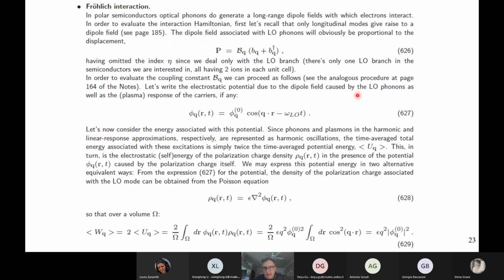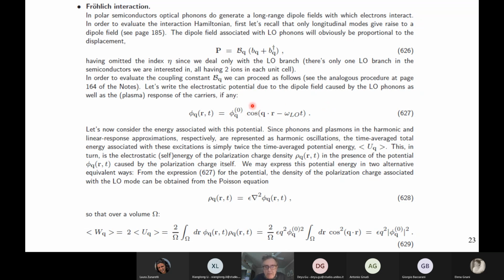So only zeros of the dielectric function of the system give you the longitudinal modes, the frequency of the longitudinal modes, and only these longitudinal modes can give rise to an internal electric field which doesn't vanish because the dielectric function is zero. So you get the displacement electric field D equals zero, even if E, the electric field, is non-zero.